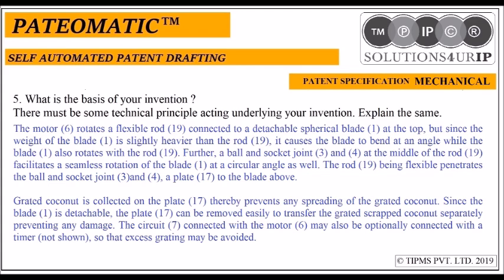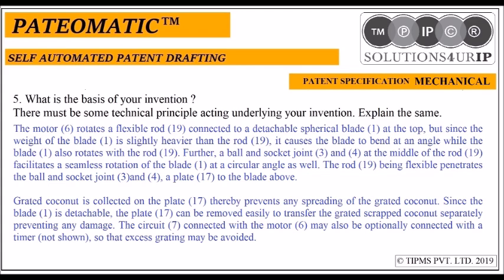Therefore, the crucial component parts of this particular device, that is the round blade at the top, the ball and socket joint in the middle, and the electric motor at the bottom, interconnected with a connecting rod, are all interdependent on each other for providing the ultimate output and function of this device.